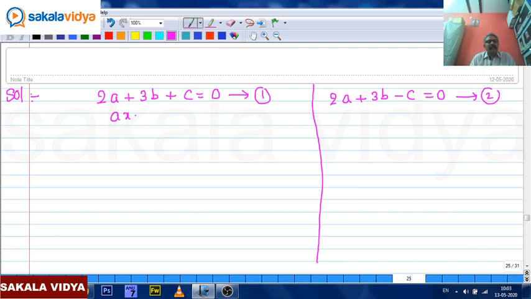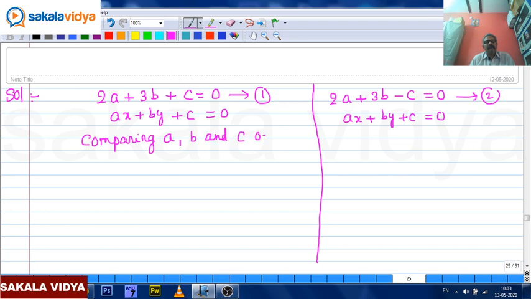Actually, the line is ax plus by plus c equals 0. This is the family of lines. Providing this condition, we need to find the fixed point through which the family of lines is passing. Comparing a, b and c coefficients, that means x by 2, y by 3, 1 by 1.